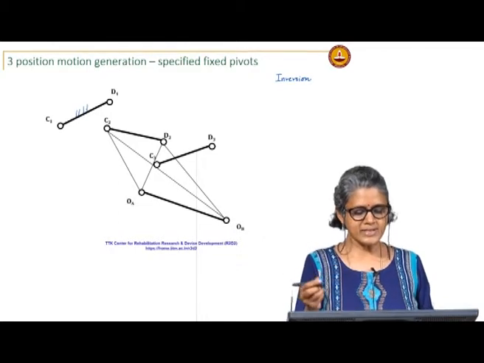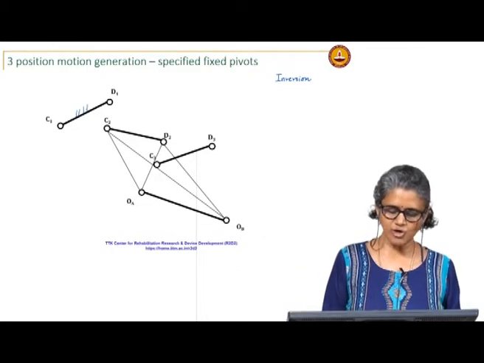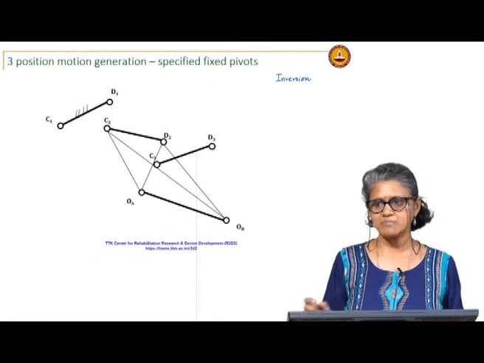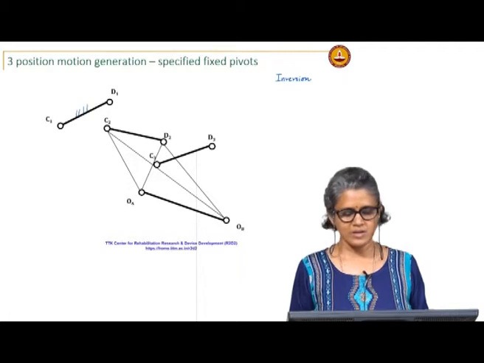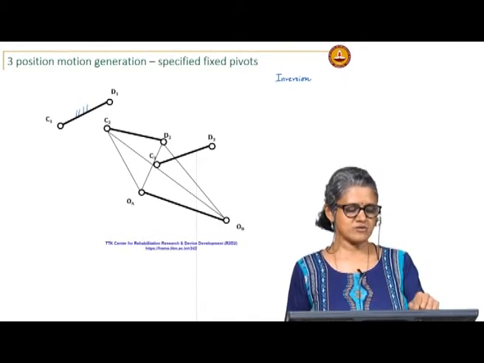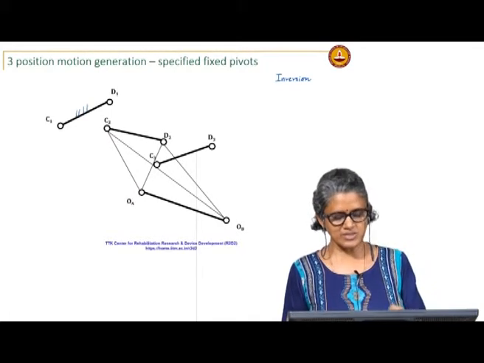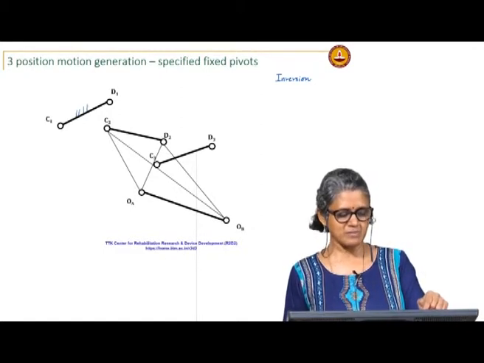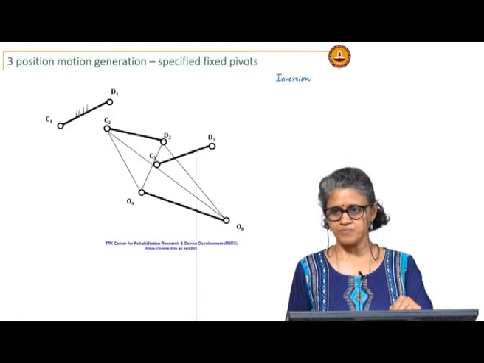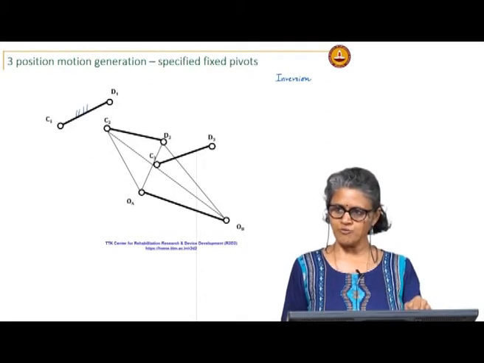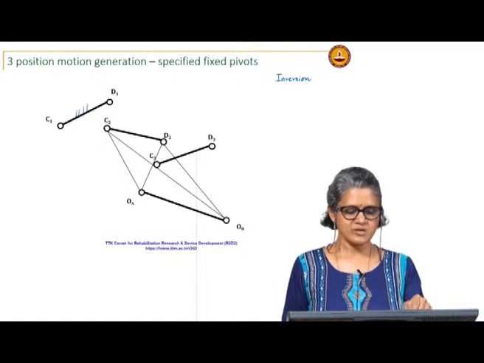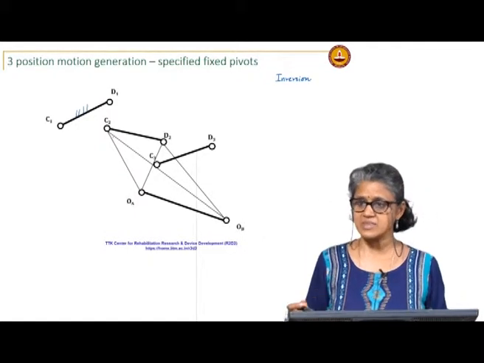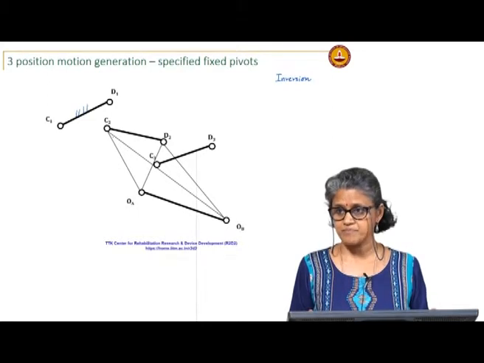If I look at the location of OA OB with respect to the second position: OA and OB with respect to the first position, this was C1 D1, this is OA OB. Instead of my moving from C1 D1 to C2 D2, how do I move OA OB so that it maintains the same relationship in the second position?